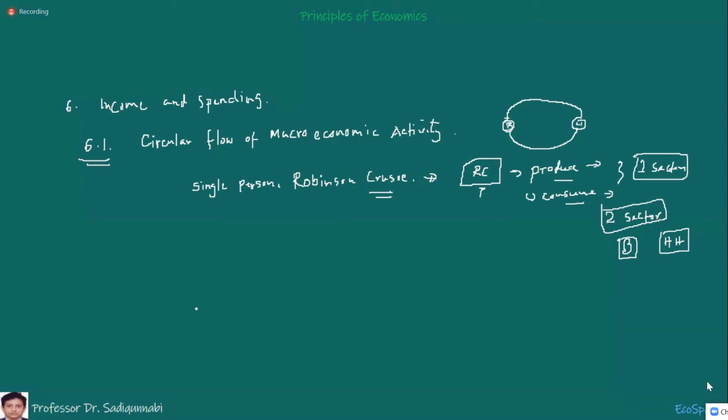We can build a circular flow with these two sectors. Let us call it household here and business there.